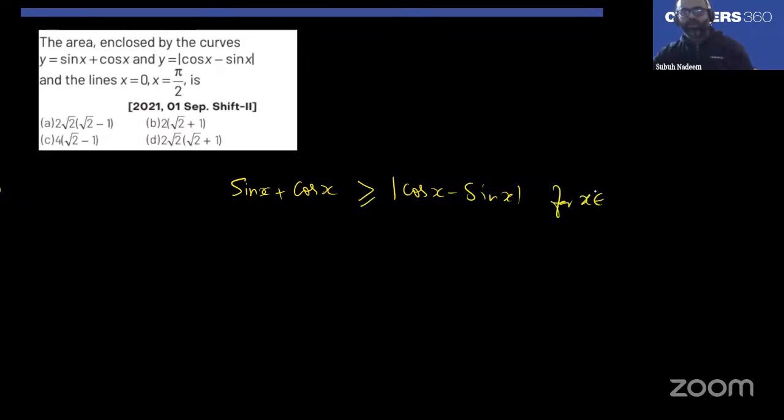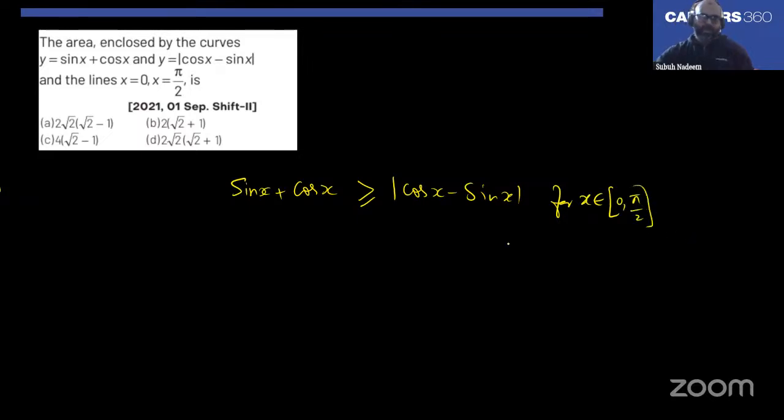So if we talk about the area which they are talking about, we have sin x plus cos x, which is greater than or equal to mod of cos x minus sin x for x belonging to 0 comma pi by 2.